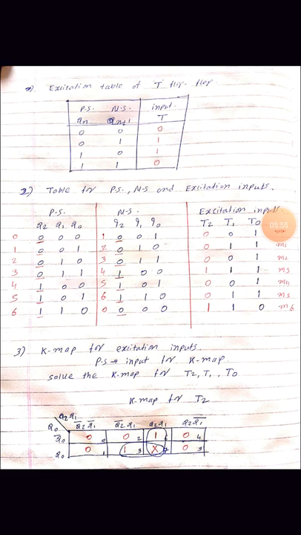As shown in the table, in the excitation table, present state and next state are given, and there is an input T. The present state is Qn, the next state is Qn plus 1, and the input is T. For the present state, next state: 0 0, 0 1, 1 0 and 1 1. The respective T inputs are 0 1 1 0.